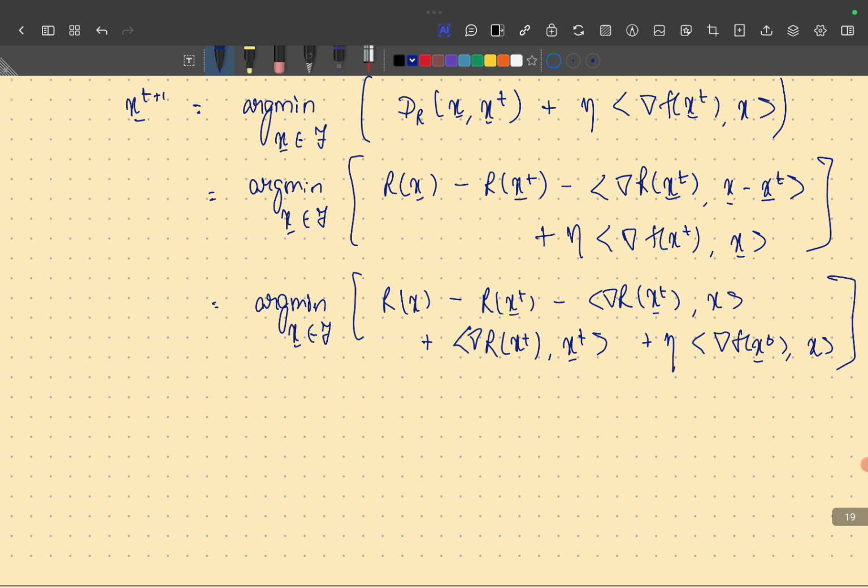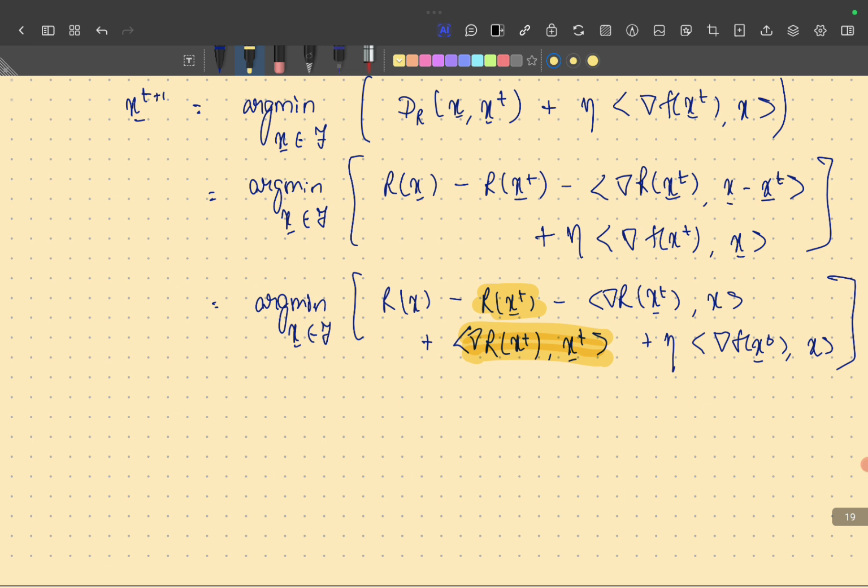Now, out of these, can I eliminate some terms? Firstly, the argmin depends only on x, so these two terms don't really matter. It's just a constant shift.